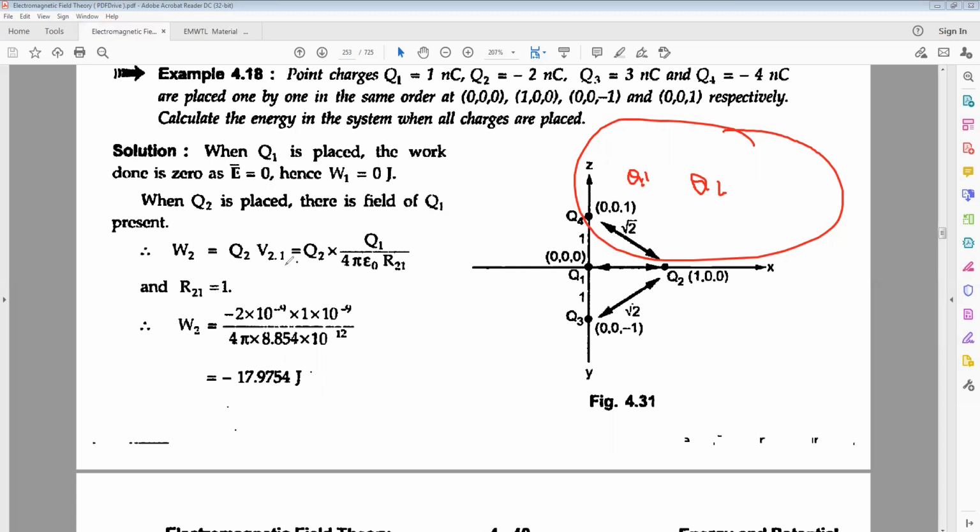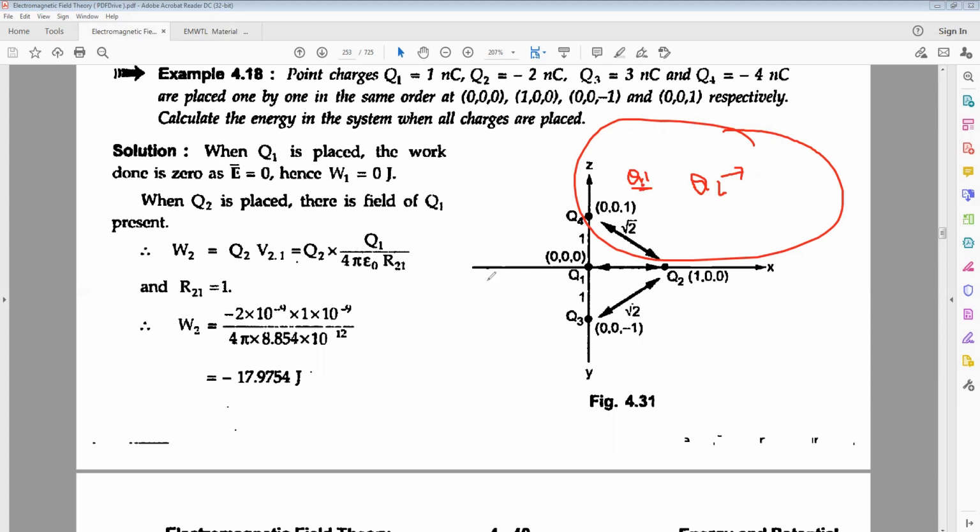W2 is equal to Q2 into V21, the potential due to Q1. So Q2 times Q1 by 4 pi epsilon naught R21.